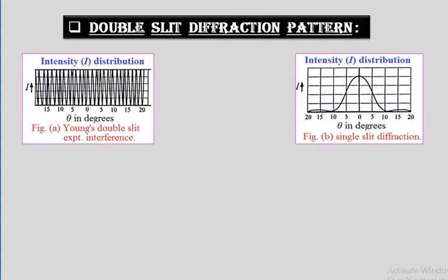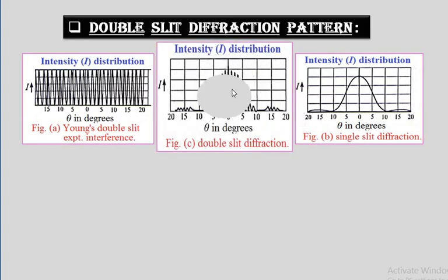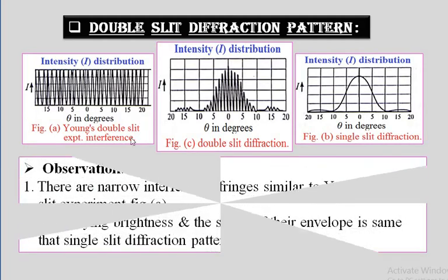Double slit diffraction pattern. We have seen the diagrams of the interference pattern, the single slit diffraction pattern, and also the double slit diffraction pattern. We have to observe this.